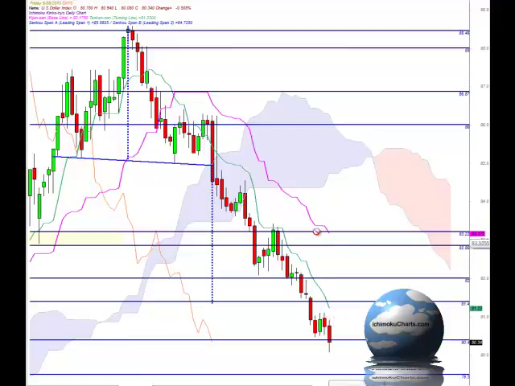It's looking a little bit overextended, and we've got a lot of downside momentum, but quite often the market can bounce back towards the Kijun-sen and the cloud, which represent equilibrium in a medium-term and a longer-term time frame. So we do need to be aware that the market may eventually be attracted back towards there. But having said that, there isn't any indication that that will happen.